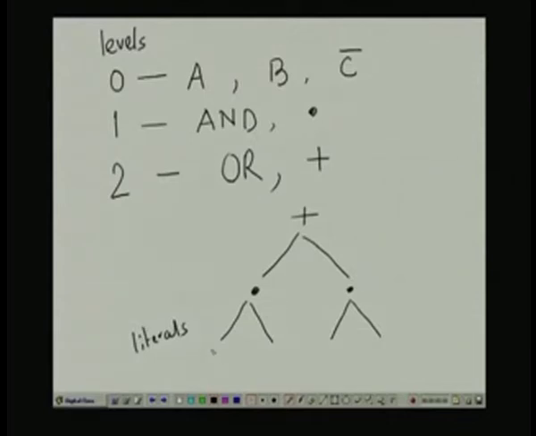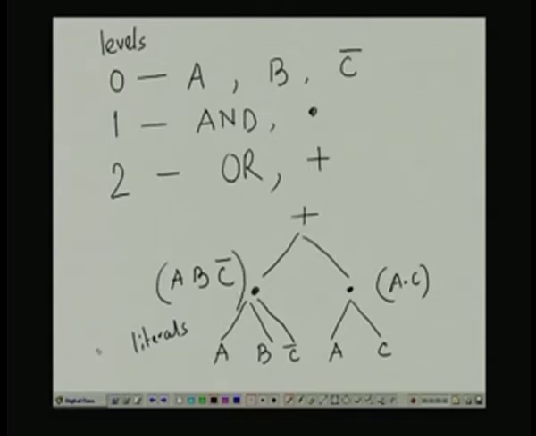Now, see here A, B, so I take another one, say C bar, here I take say A, C. What will it represent at this level? This becomes actually A dot C. This becomes A, B, C bar. Now, this is in the 0th level, this is in the first level, and this is in the second level.